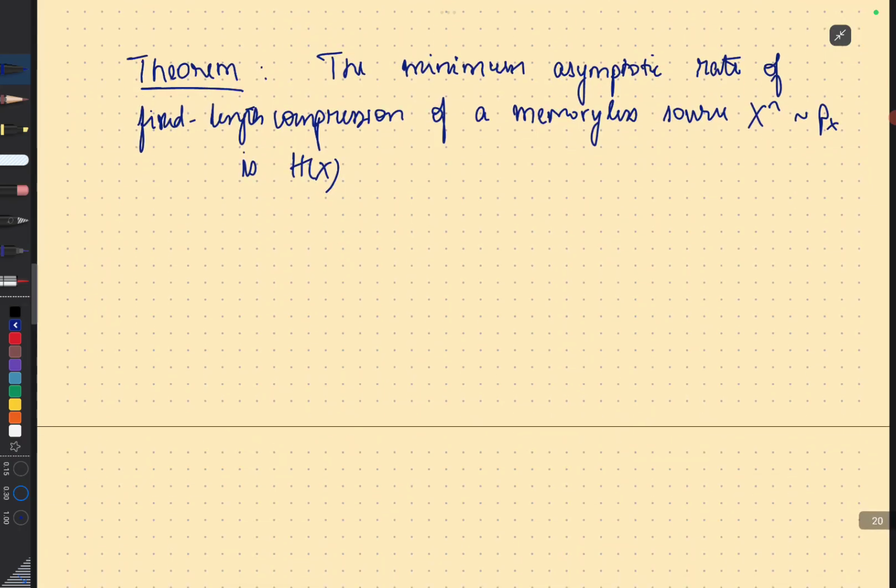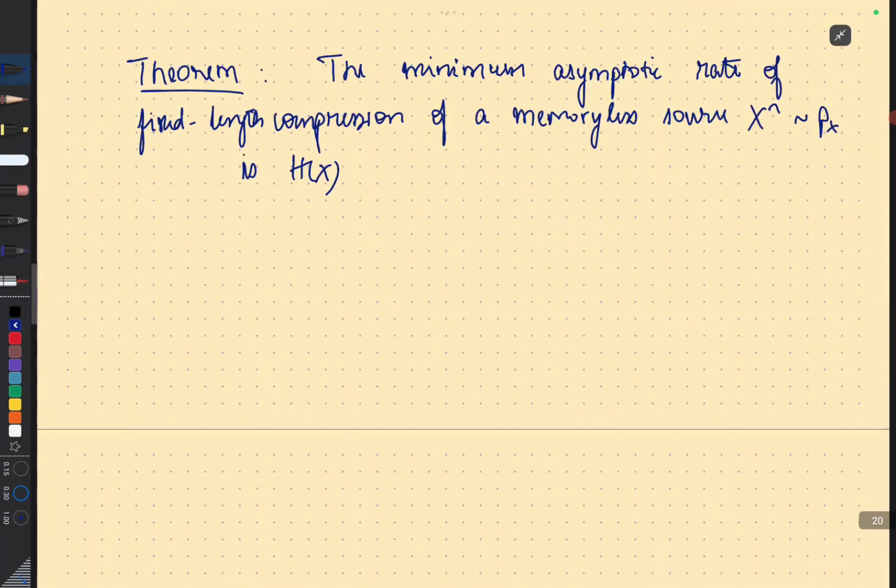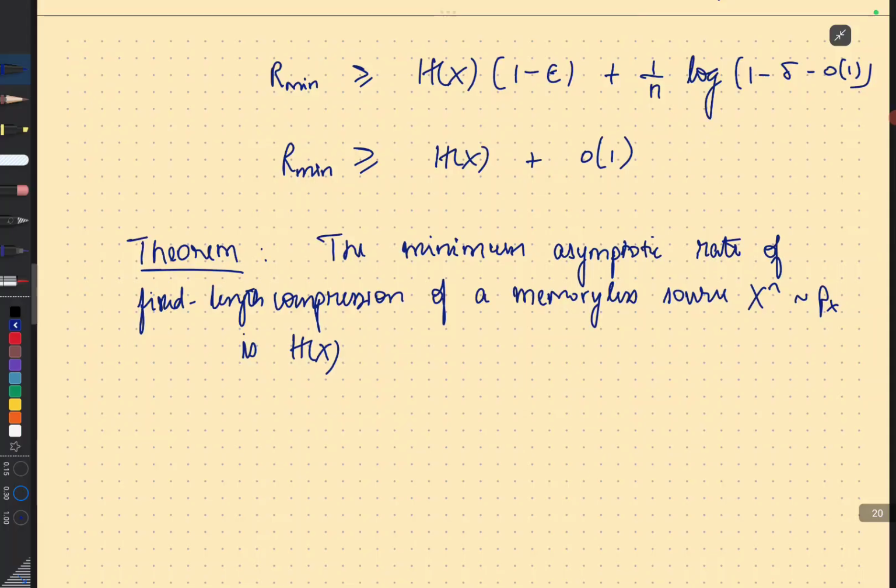Okay, great. So now our first goal will be to extend these ideas to think about not just lossless compression but also lossy compression. Right now the goal was we have an x^n, we want to compress this with the objective of recovering x^n exactly.